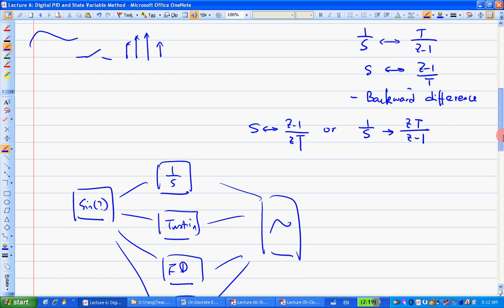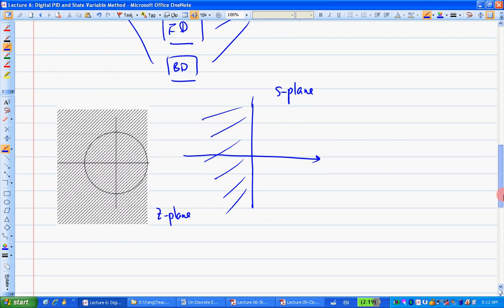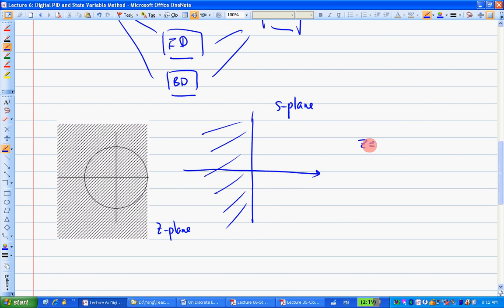So if I rewrite that slightly, I will get Z equal to ST plus 1, right? So this is the forward difference. This is the connection between Z and S based on the numerical approach, forward difference. All right?